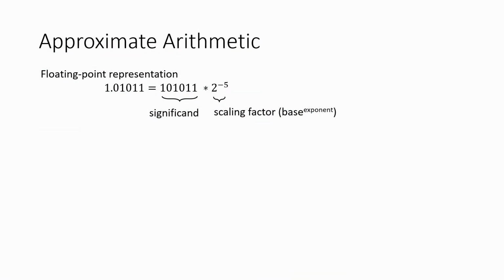Before we get started, let me first recall the floating point and fixed point arithmetic, because it's sometimes confusing. In the floating point number system, a real number is represented by a product of an integer called the significand and a scaling factor, which is usually represented as a base to the power of an exponent.